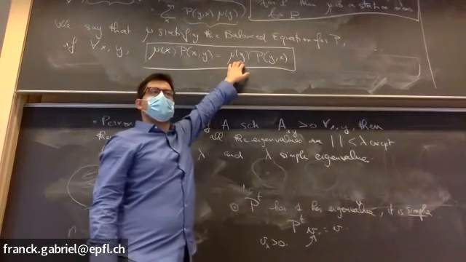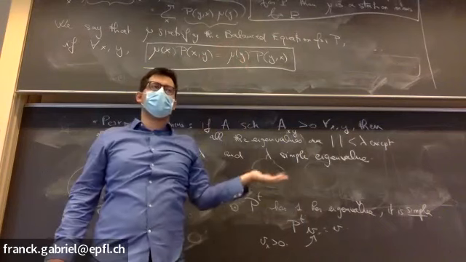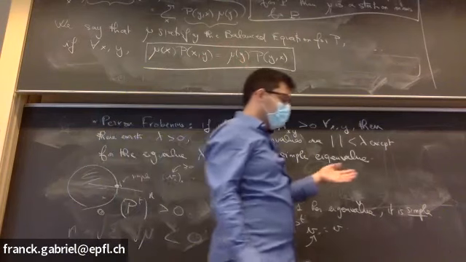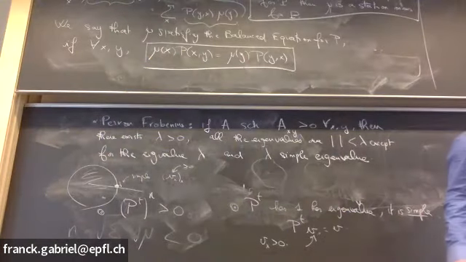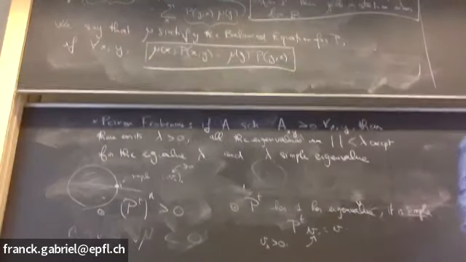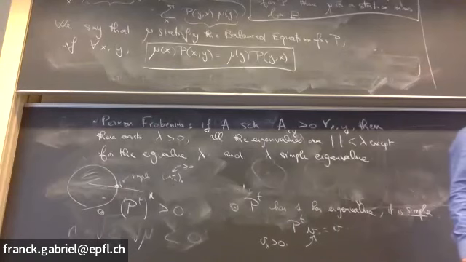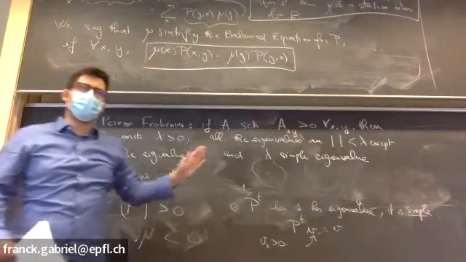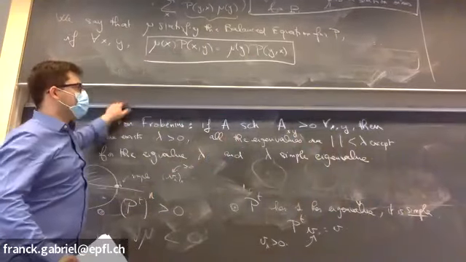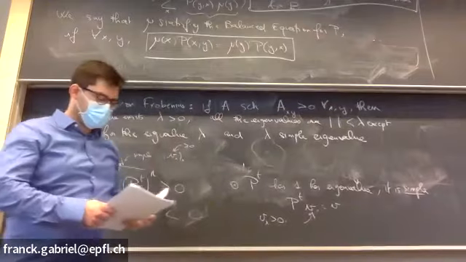Mu x and mu y, they look complicated, but if you think about it, in fact, mu x is just proportional to the energy of the configuration x, the same for y. And how do they differ? Well, they only differ because I flipped a spin. So in fact, mu x over mu y is something very simple. Okay, so it will give us very simple equations.